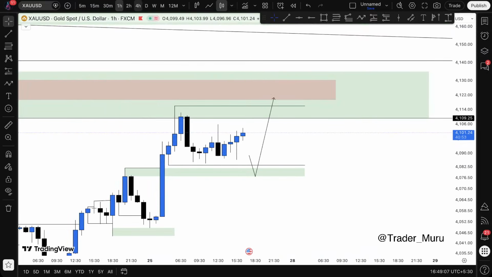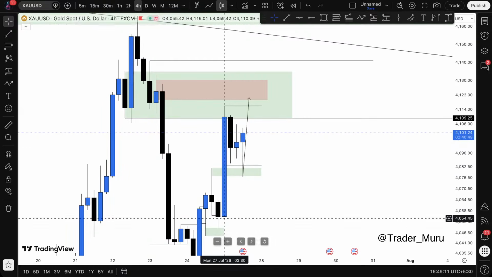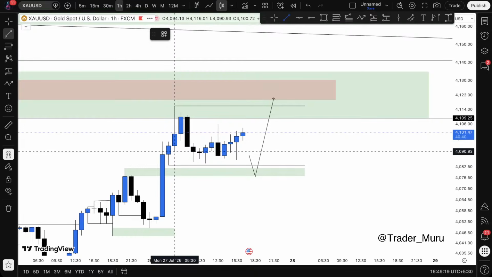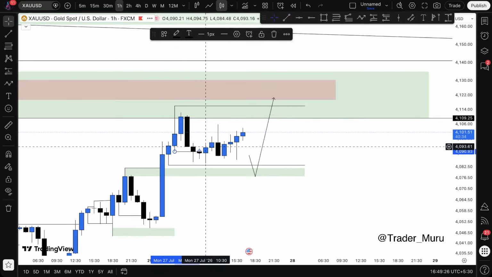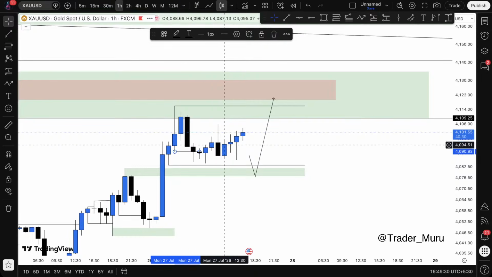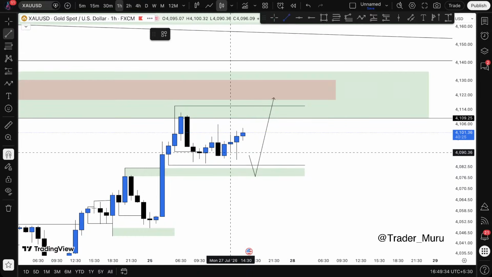Four-hour momentum is still bullish. No candle range break. 1 hour momentum was bullish, then it broke below, then again broke above, broke below, and this is the current momentum which is bearish.